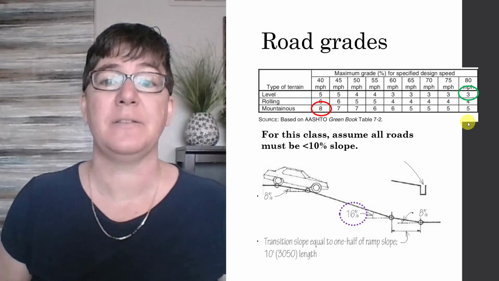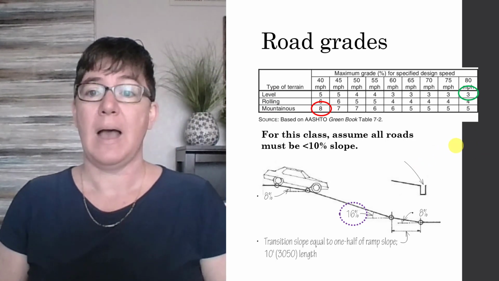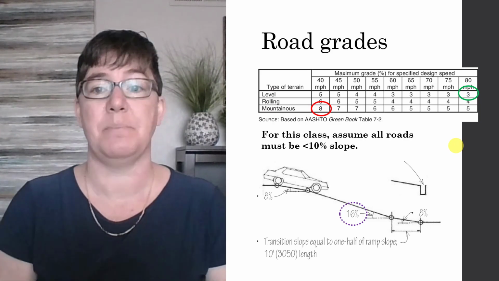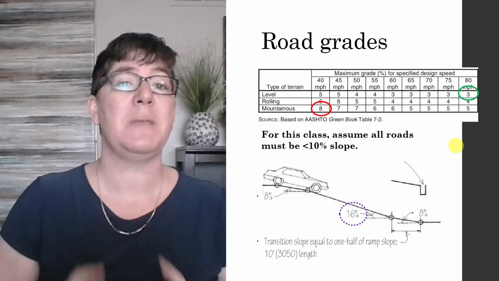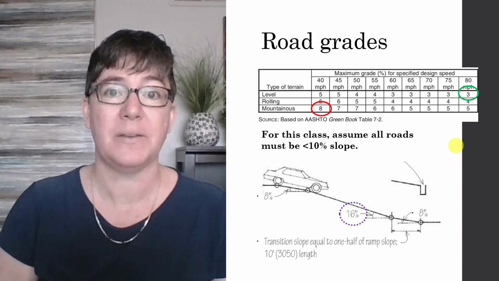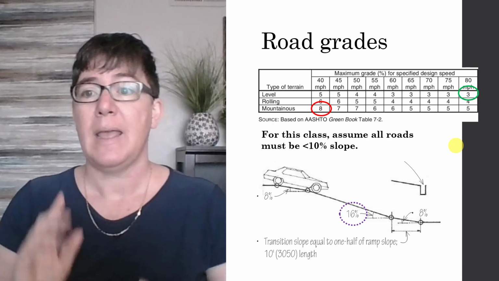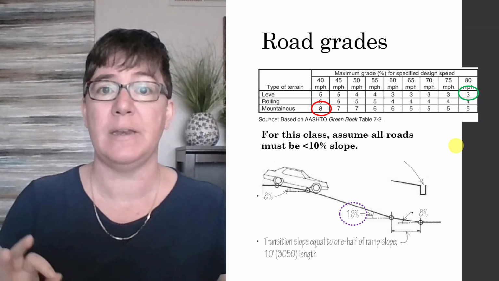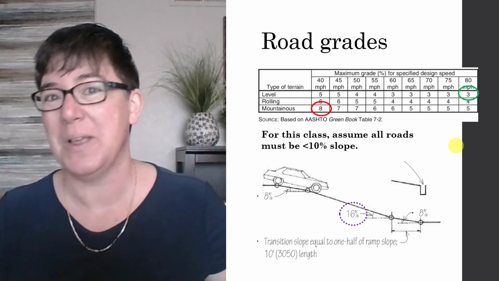For this class, we're going to make a design assumption that all roads must be less than 10% slope. If you give me a solution with more than 10%, I will mark it wrong. And in general, 5% slope is a good middle of the road slope to choose.